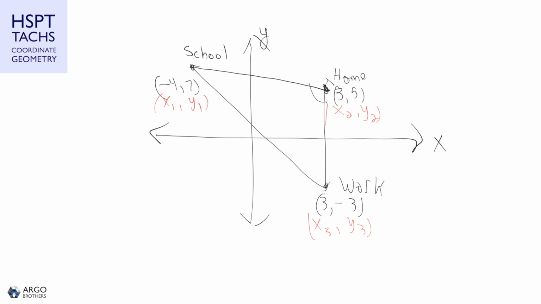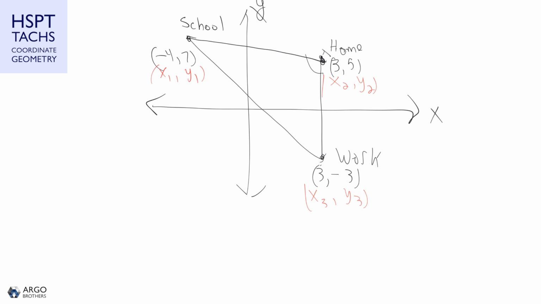Great. So which one should we do first? Let's do school to home. How far do you have to walk to go from school to home? Well, we would use the distance formula. So D equals, and I'll write the distance formula here for reference since we're learning it for the first time: the square root of y2 minus y1 squared plus x2 minus x1 squared, and all of that's under the radical sign.